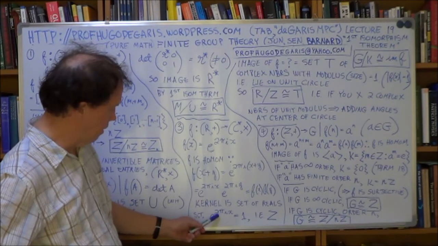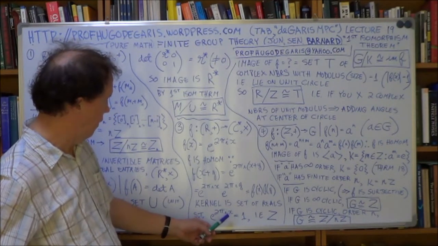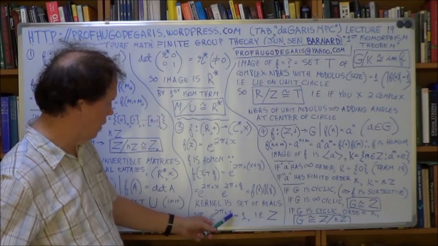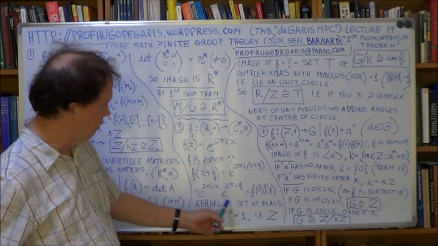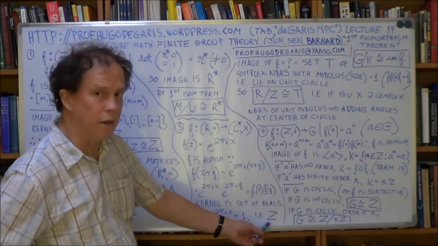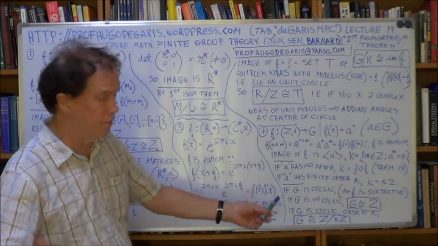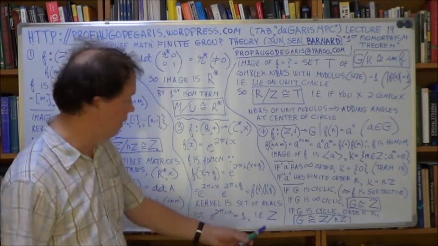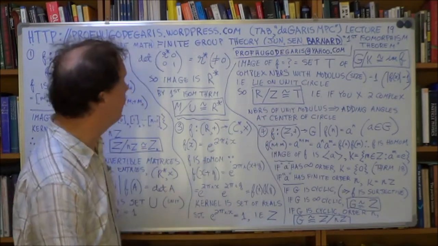So the kernel is the set of all integers. Well, that's just Z, right? Capital Z is just the symbol for the set of integers. So we know the kernel is just Z. It just means all the integers, right?